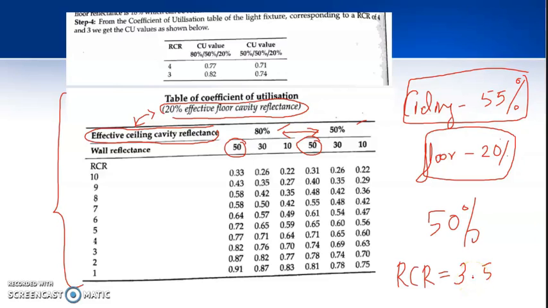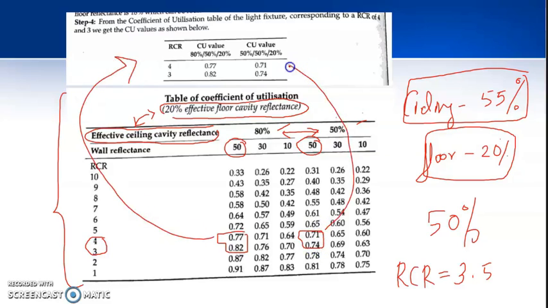So therefore again we need to do an interpolation. For that we will be taking the values for 3 and 4. So for 3 and 4, for 50% it is 0.77 and 0.82, and similarly for 50% wall reflectance it is 0.71 and 0.74. These two things are taken over here in order to find out the coefficient of utilization.